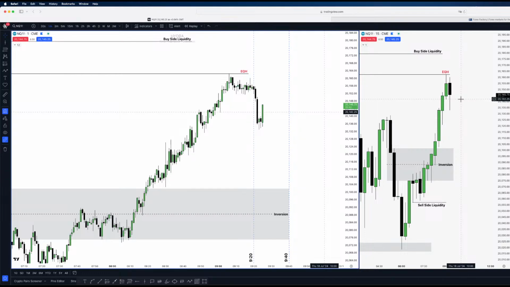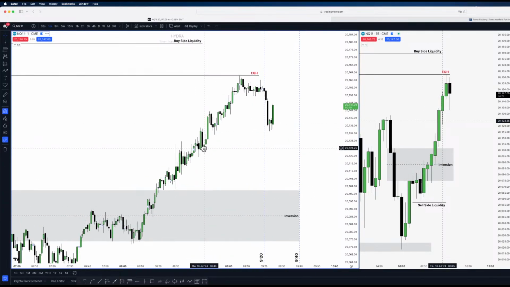Would you not consider this from a 15-minute inversion point of view, as there are 4-hour CBs above current price to be filled for both NAS and S&P? Yes, but it comes down to my whole trading style, Vimal, which is based on targeting this. My bias depends on relative equal lows, highs, and unfilled fair value gaps.